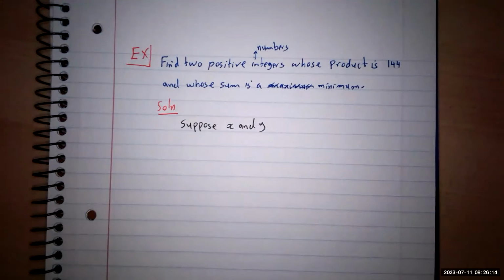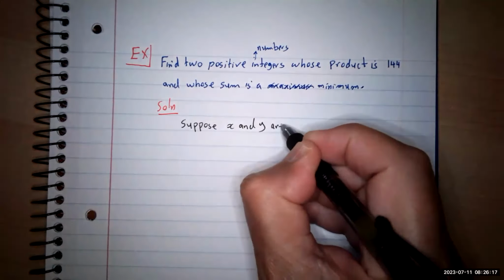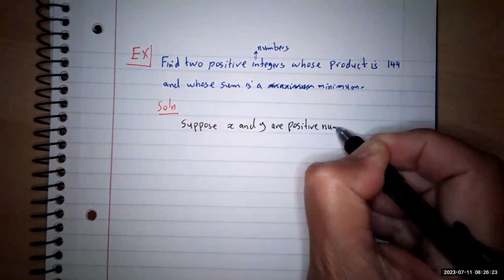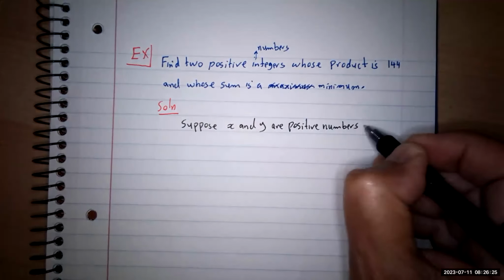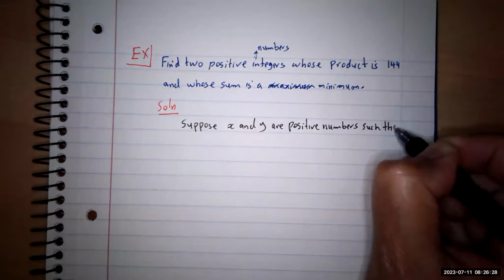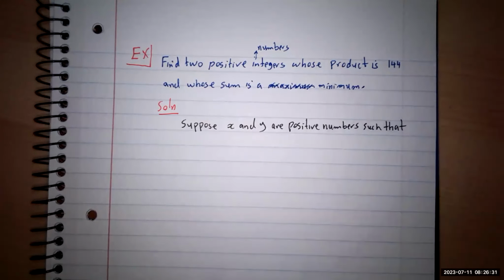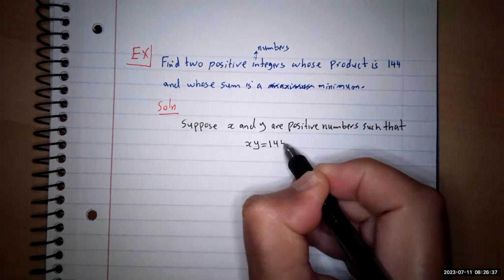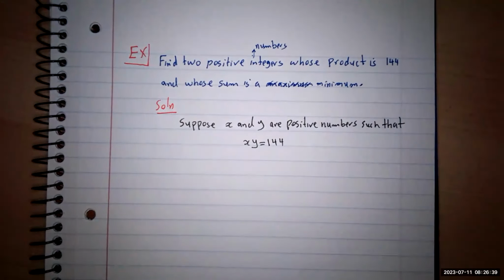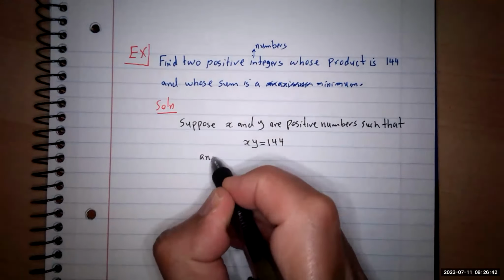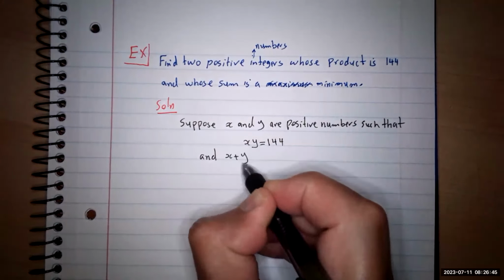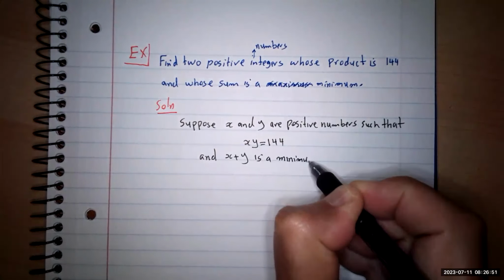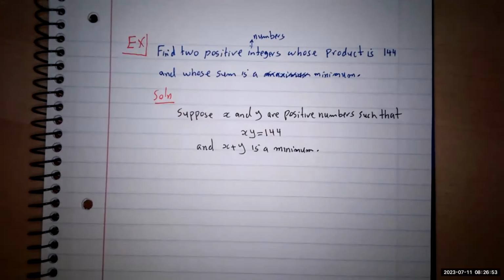So suppose X and Y are positive numbers such that the product is given to you, X times Y is equal to 144, and the sum X plus Y is a minimum. Okay, this is a popular problem, popular case.